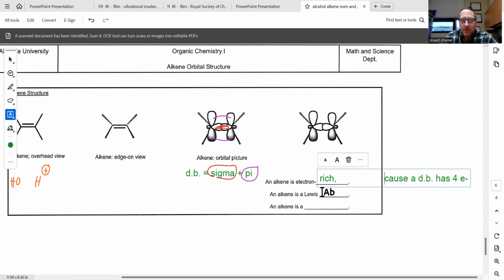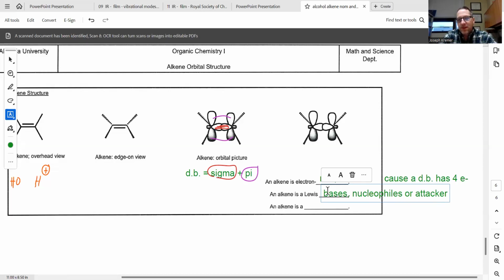As such, it is stated that alkenes are Lewis bases. Another word for that, it begins with N. Nucleophile, attackers. A Lewis base, a nucleophile, and an attacker. I think I stole my thunder from the next row. Is a nucleophile.